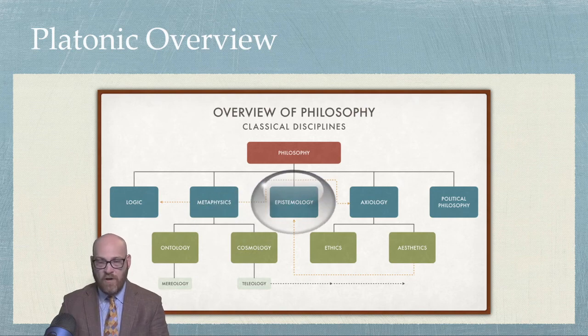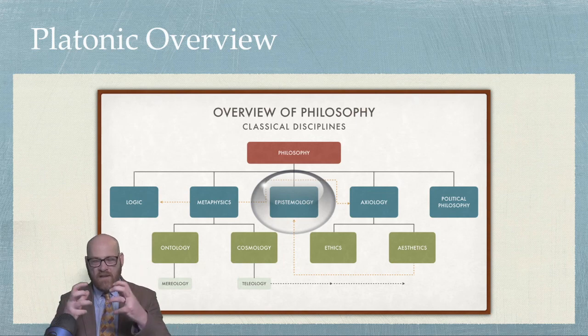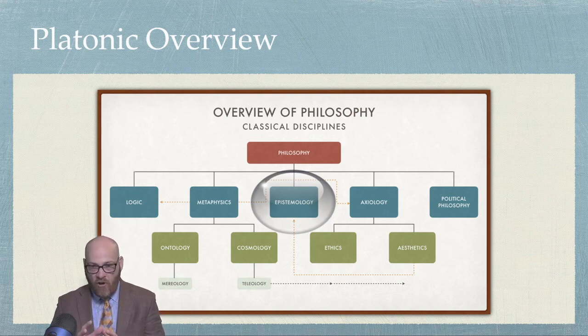Moving from there to epistemology, Plato maintains that knowledge is the apprehension, the receiving of unchanging truths. The objects of knowledge can only be the unchangeable ideas or forms. The opinion, as we said in the last slide, falls between knowledge and ignorance.